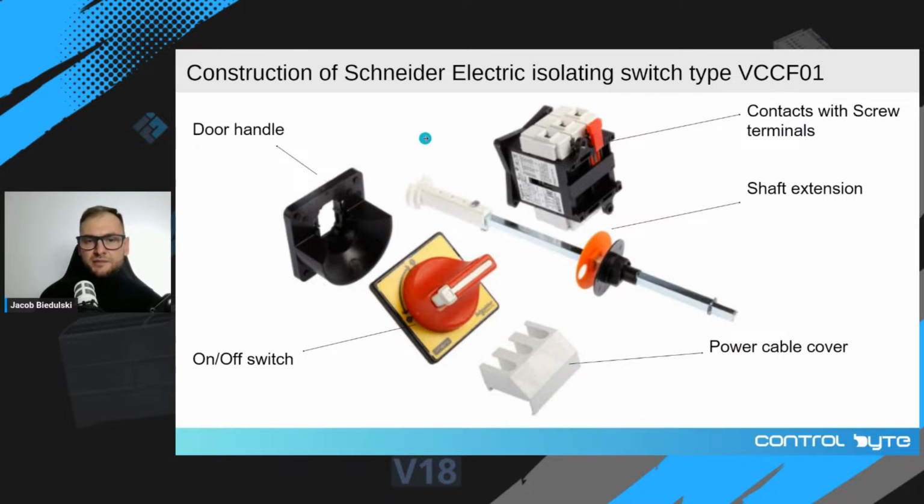As you can see, it is constructed of a few main components like main contacts with screw terminals where you connect your cables, a shaft extension, an on-off switch, and some additional parts for mounting on the door and in the control cabinet.